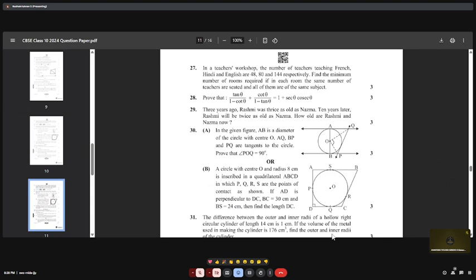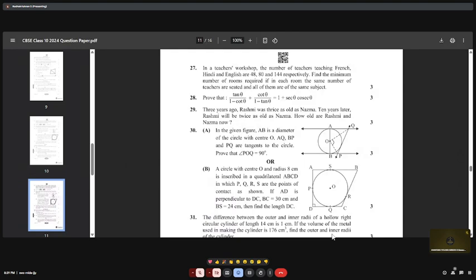And 10 years later, Rashmi will be twice as old as Nazma. 10 years later, Rashmi will be 43 and Nazma will be 23, right? So it's not coming twice, no?